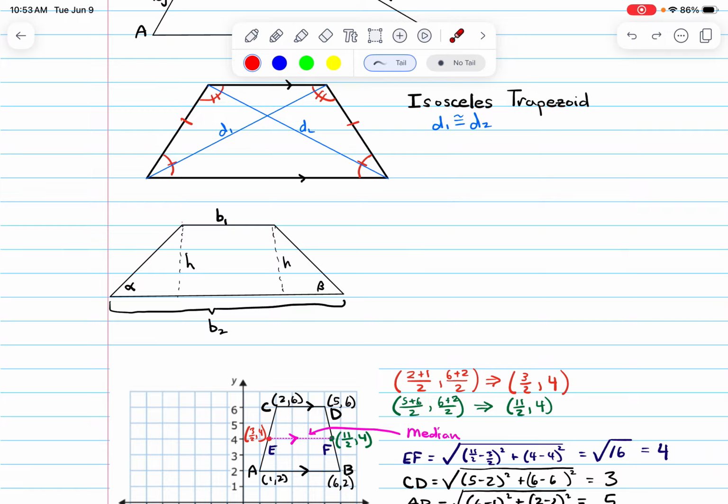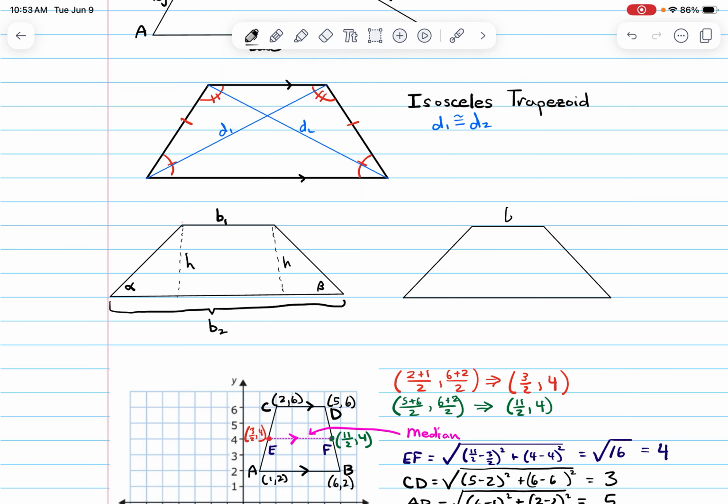So I'll just draw another little trapezoid here, and I want to see if I can figure out how to get the area of the trapezoid.